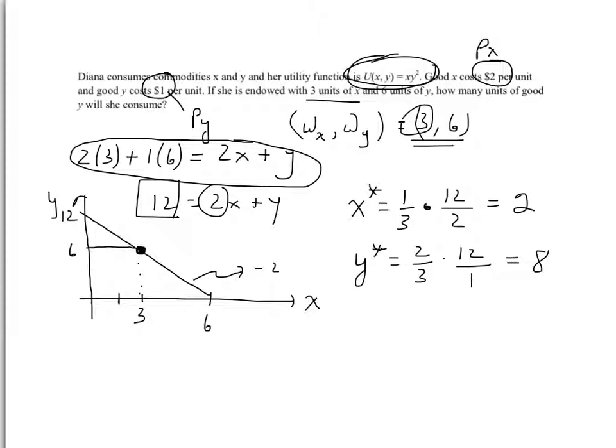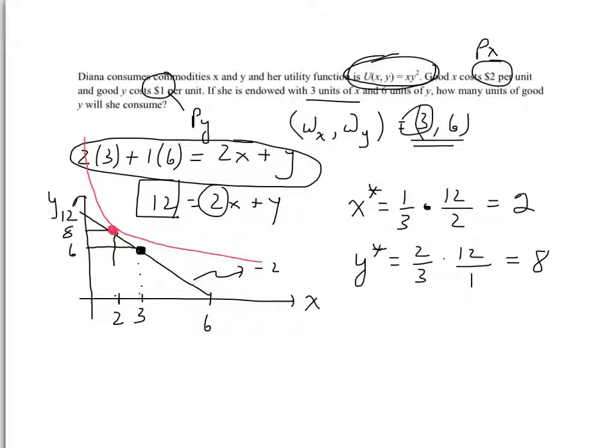We would label that 2, 8, and we know this is a nice Cobb-Douglas utility function, so there's going to be a tangency. Again, my drawing's not perfect, but the tangency is going to be right there. Okay? Now, we can look at where she started the problem.